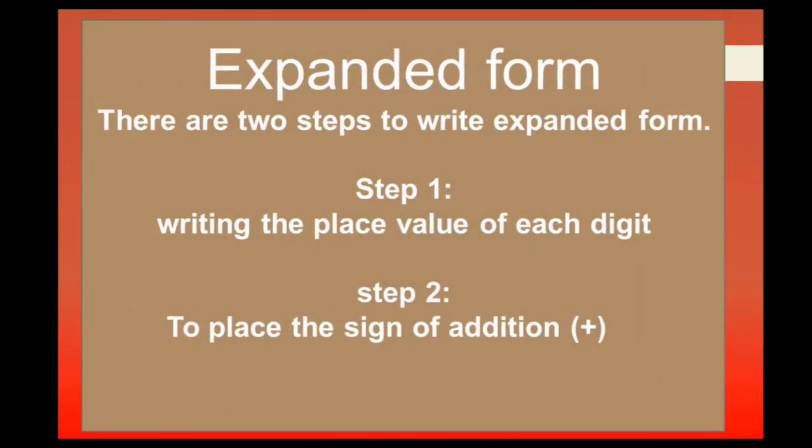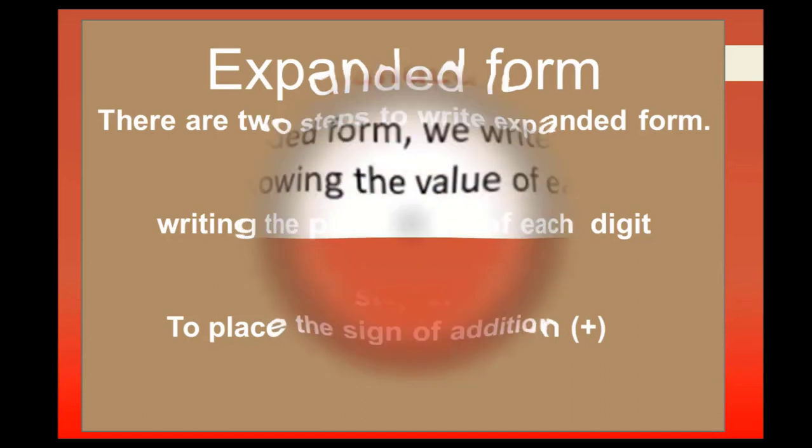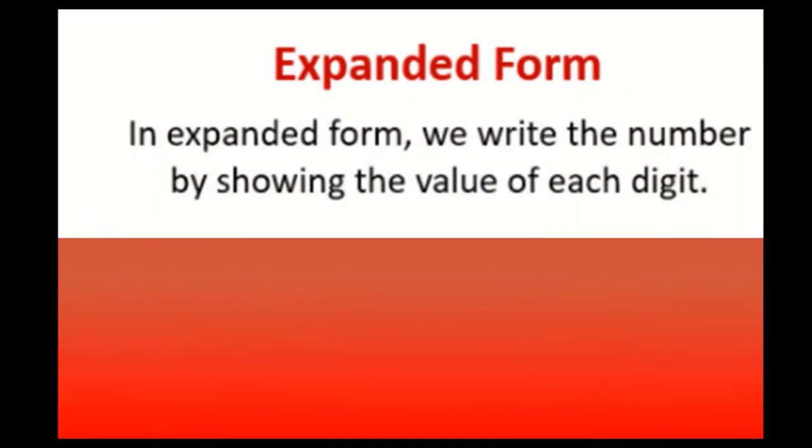Expanded form is made up in 2 steps. First step is writing the place value of each digit, and the second one is to place the sign of addition. In expanded form, we write the number by showing the value of each digit.